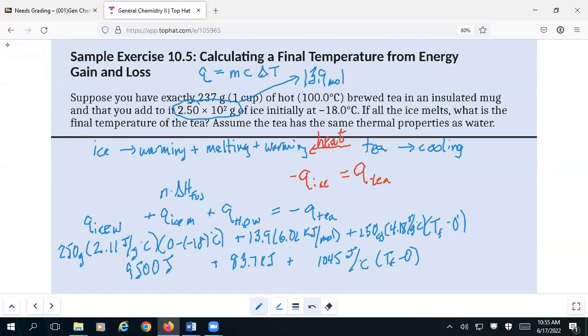Now, the reason I did that particular calculation is going to become apparent once we start combining things.